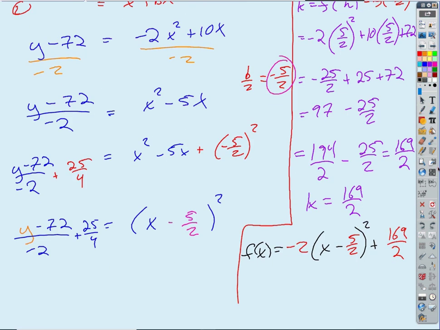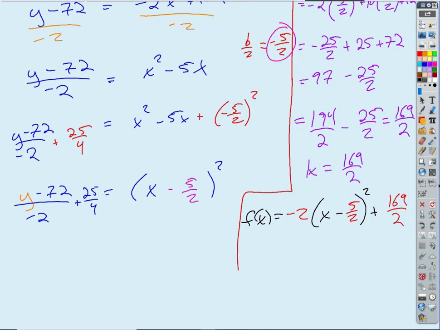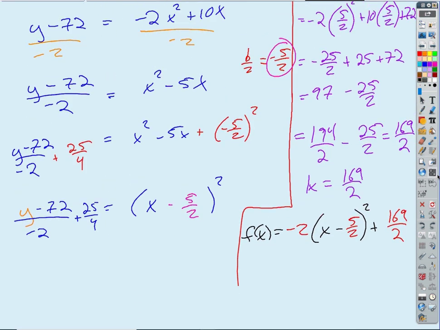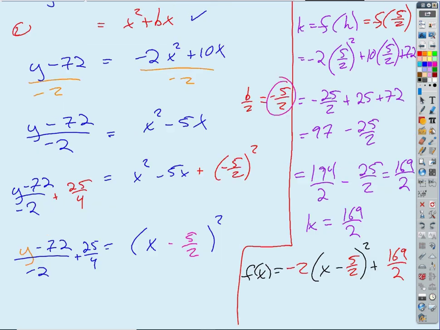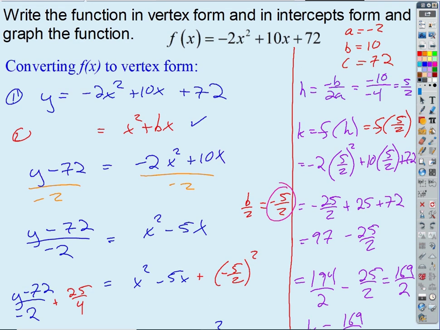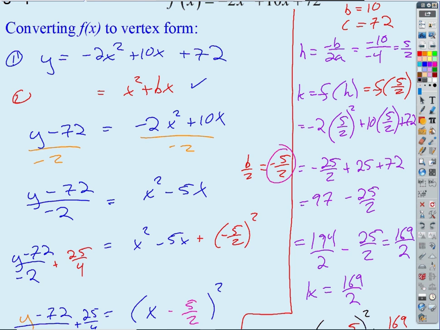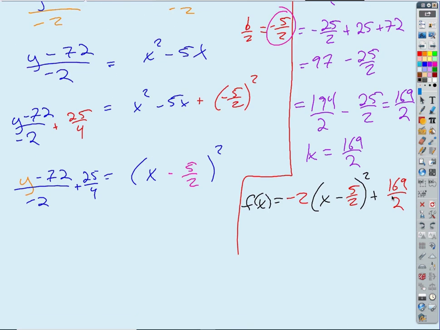Go through the whole process of completing the square, and if we do that, we end up putting it into vertex form. Or option B is we could just calculate h, which is negative b over 2a, get a number for that, plug that into the function to find k, get a number for that, and then I already know what a is, negative 2, and just plug all that stuff into vertex form.